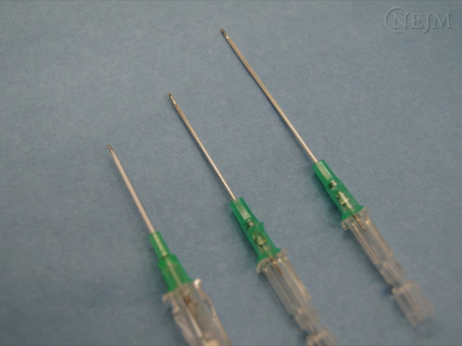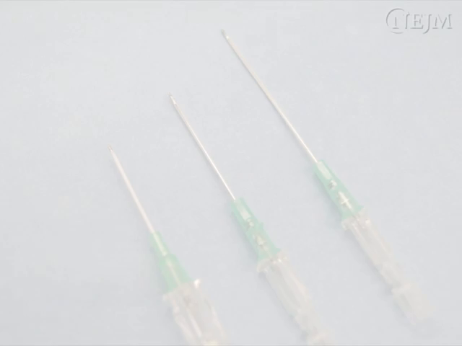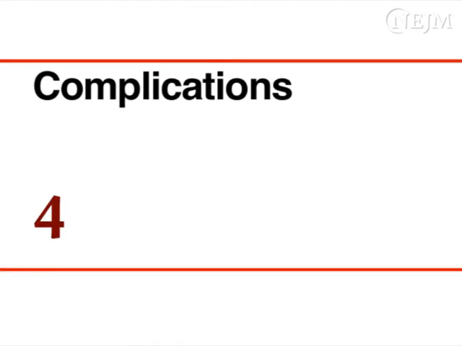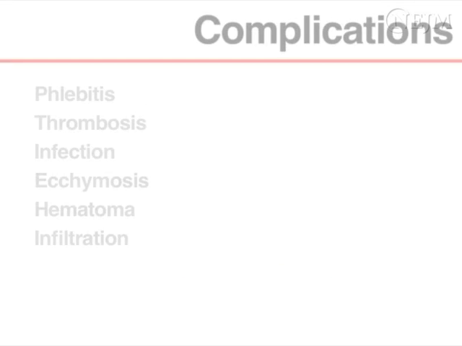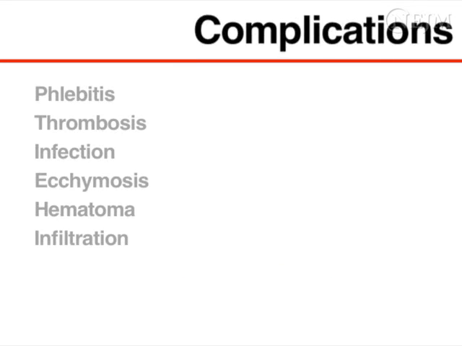Most IV catheters are about an inch long, but longer catheters are available for cannulation of deeper peripheral veins. Potential complications of IV catheter placement include phlebitis, thrombosis, infection, ecchymosis, hematoma, and infiltration.